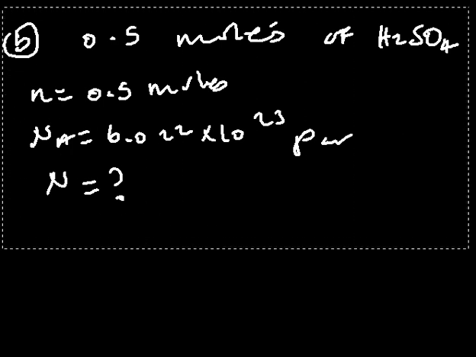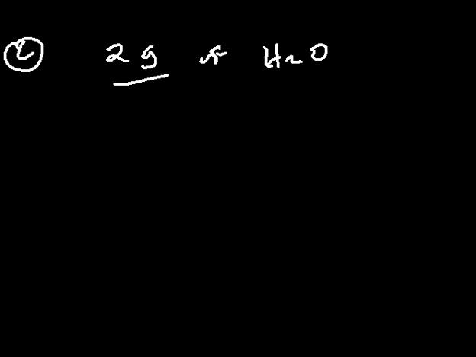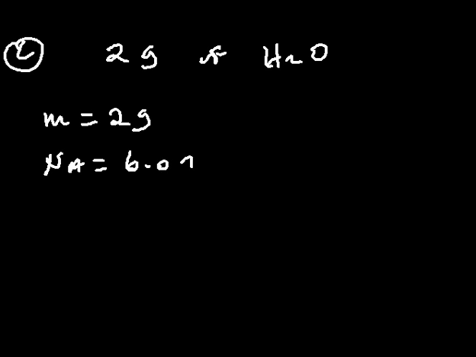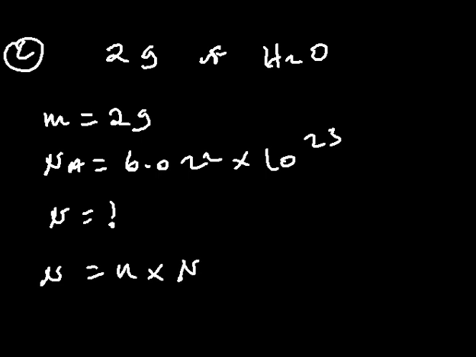And what if we have been given the mass? Let's say we have 2 grams of H2O, how should we find the number of moles and the number of particles? We have the mass given as 2 grams, and the Avogadro's number 6.022 times 10 to the power positive 23, and we are looking for the number of particles, which is the number of moles times the Avogadro's number.